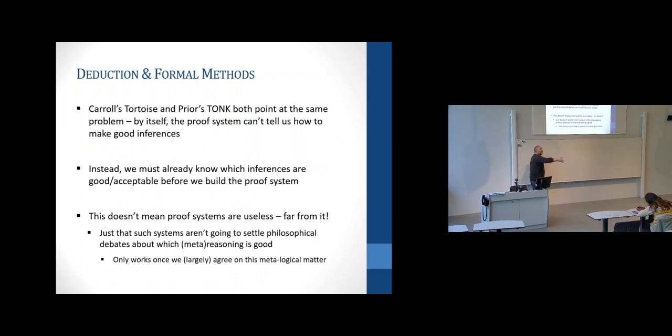That's because we already have to have, exactly as we were just talking about, a concept of what it is that we're looking for, at least in some way, shape, or form, in order for this machinery to even get going. Otherwise, Tonk is perfectly fine. We've got to have some grip on what inferences are good or acceptable or the ones that we want or desirable. That sounds a little bit like we've got to do some philosophizing before we get the machinery going.